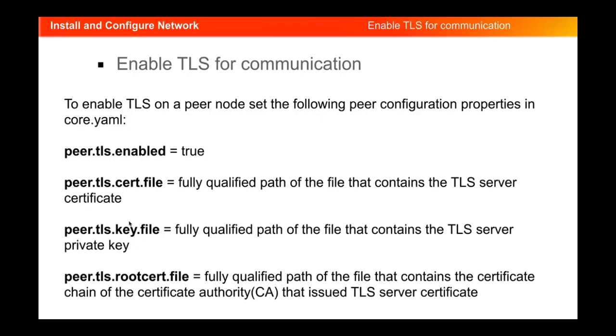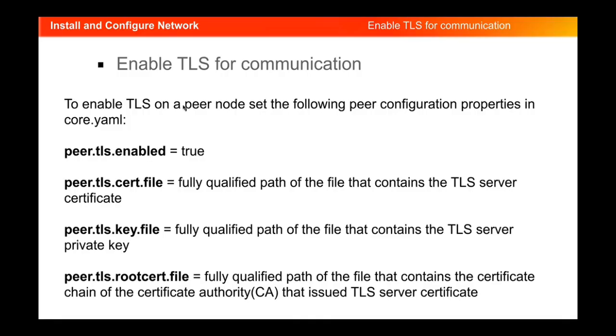There are many other properties as well. As you go through these YAML files, you will understand there are many properties which are necessary for your network to have additional or customized functionalities.